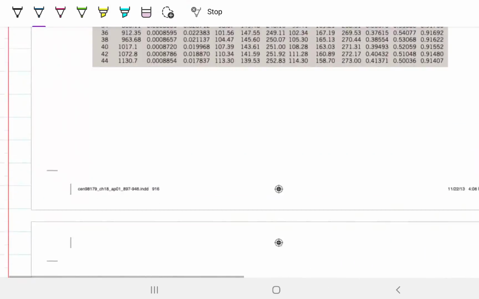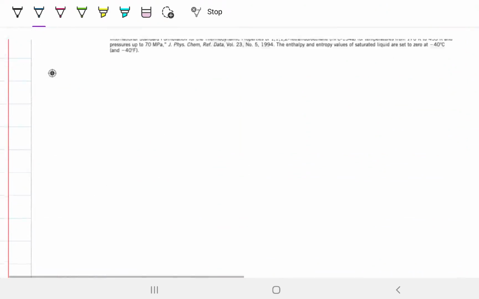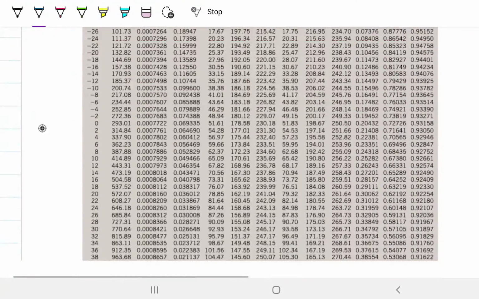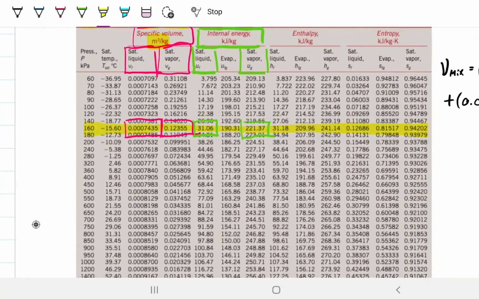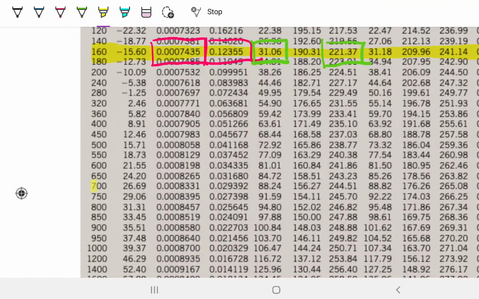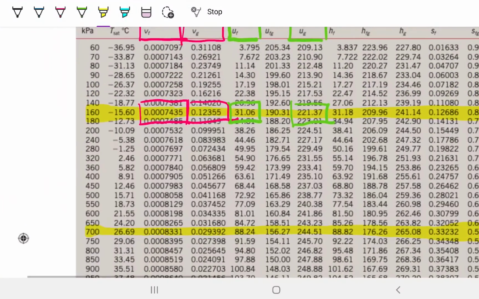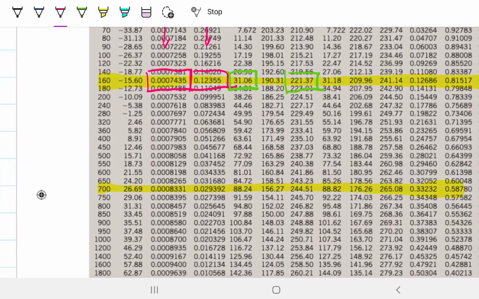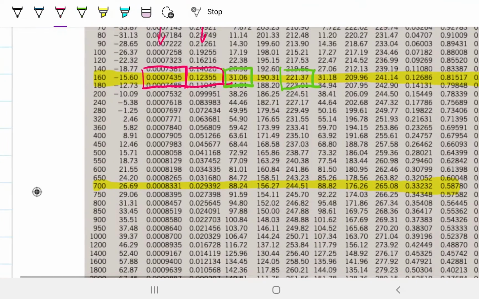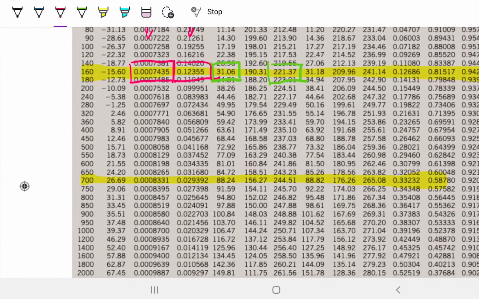So I'm going to go back into where I had my highlighted row at some point. Here you go, pressure. Now instead of 160, I'm interested in 700. So I'm going to go down here. This is what I'm looking for. And I'm interested in knowing in this column here where my number falls, right? So I have the 0.0008 and I have the 0.029.